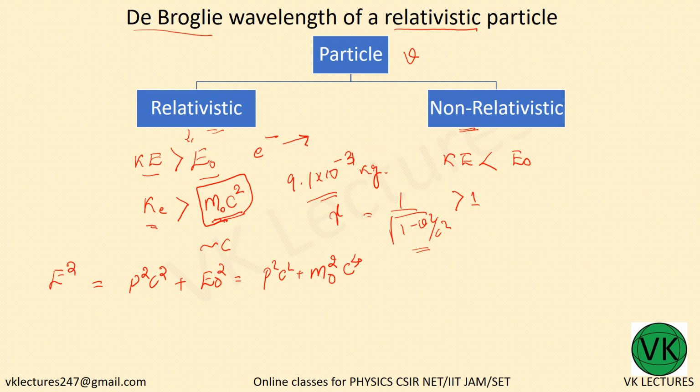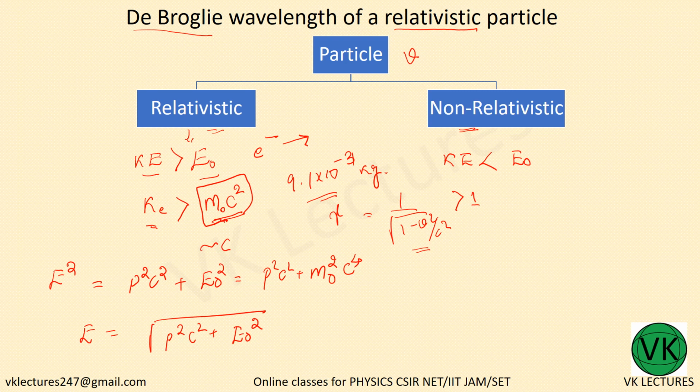So we can write E is equal to under root P square C square plus E naught square.